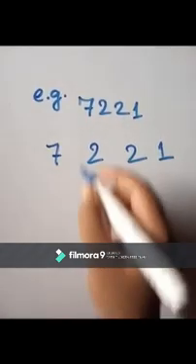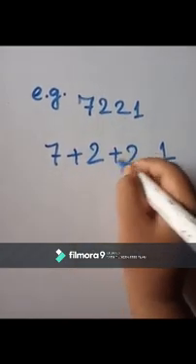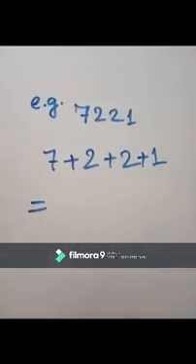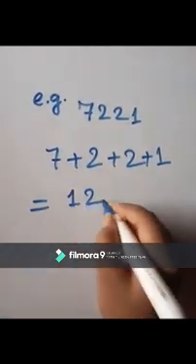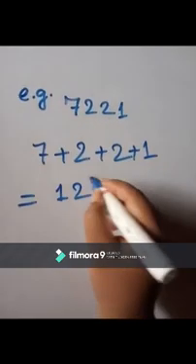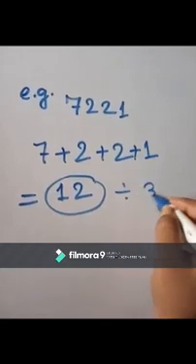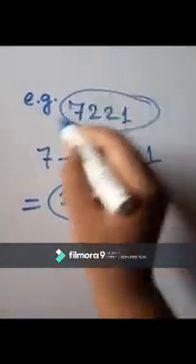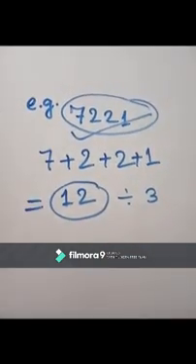Now if you add them, the answer will be 12. Now 12 is divisible by 3. So we can say that this whole number is divisible by 3.